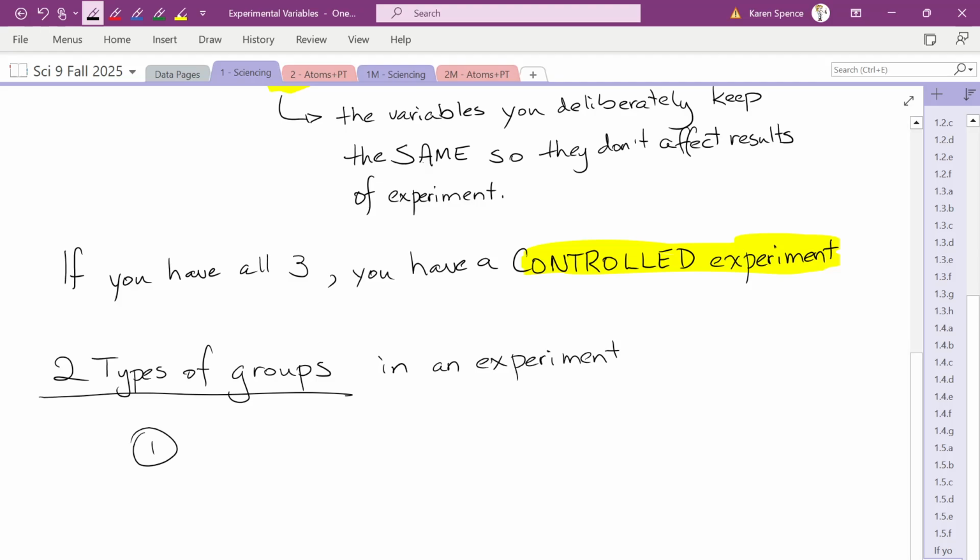Did they talk about these groups in the POGL? Yeah? A little bit? Okay.